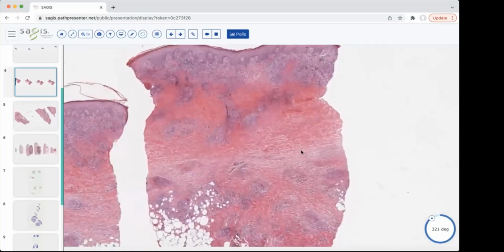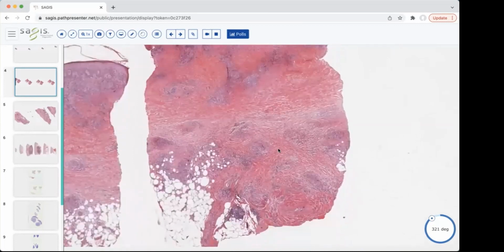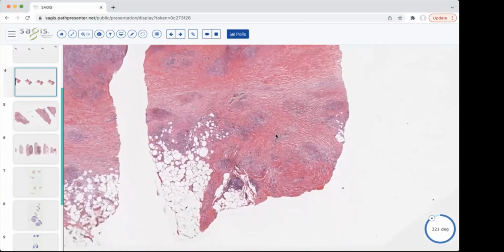At the low power here, you can appreciate that there are some islands of histiocytes, maybe some more impressive inflammation up top, but there are these broad swaths of degenerating collagen, and the infiltrate extends down into the subcutis.